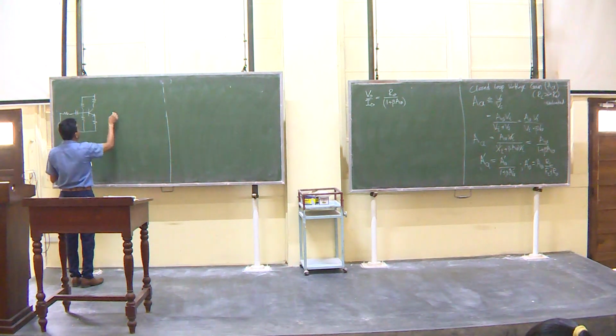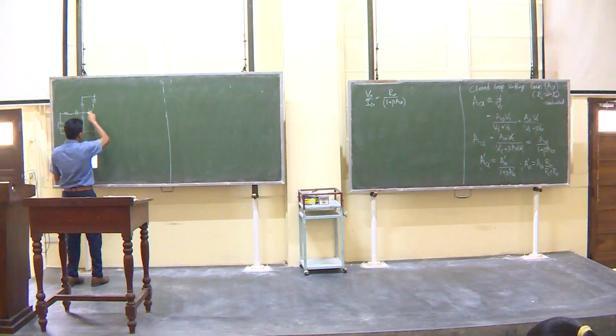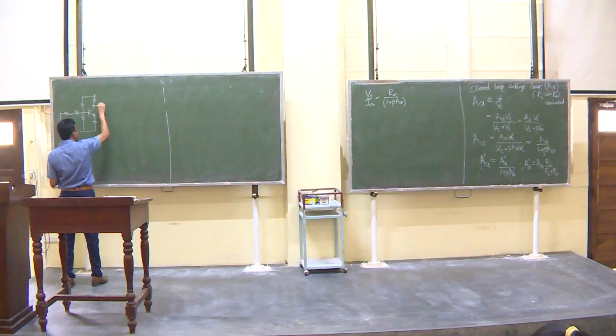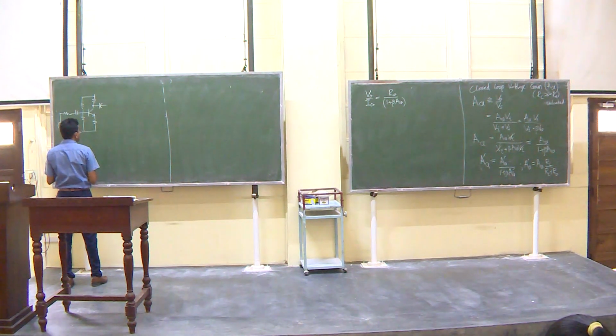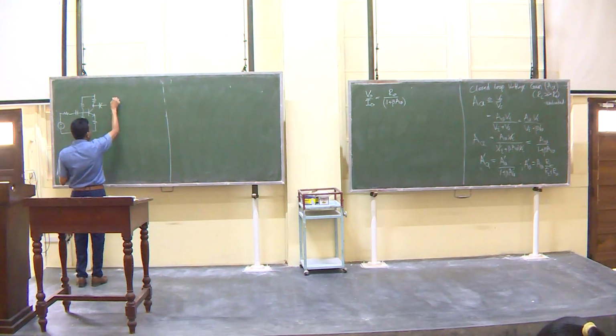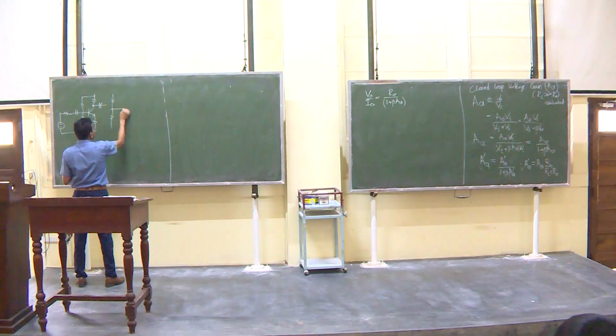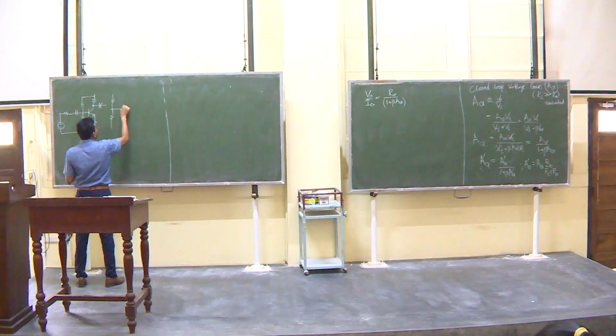And the second stage again is AC coupled, so that the output of this is coupled to the next stage using a capacitor. Again you have a biasing stage and an NPN transistor.